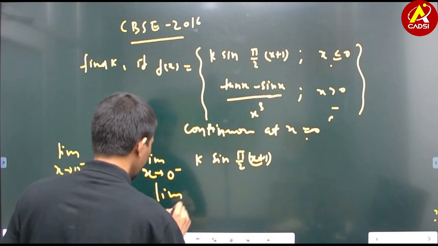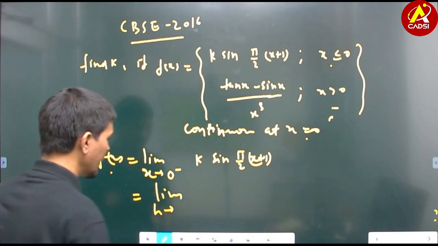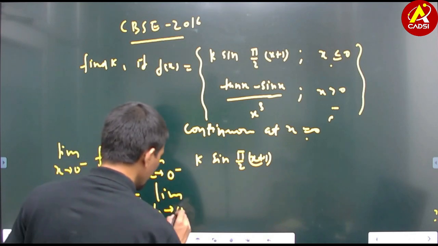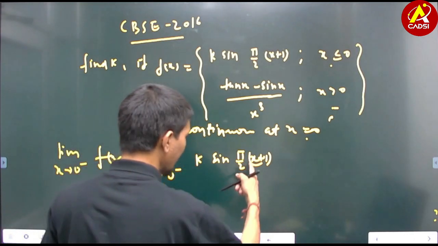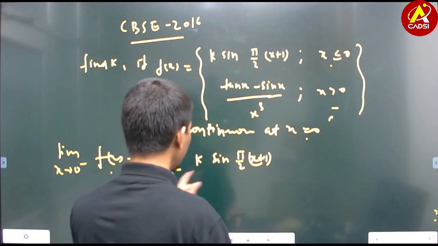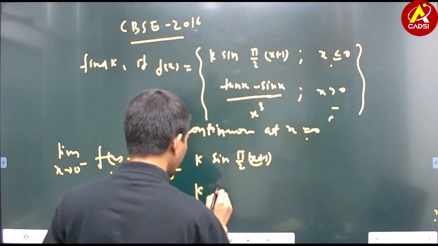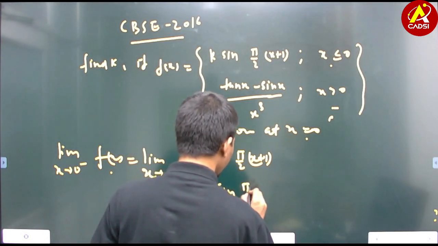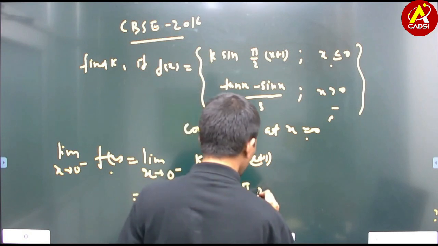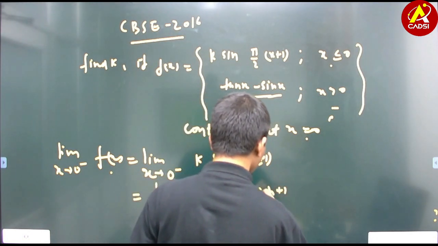So limit h tending to 0, and 0 minus means x can be replaced by 0 minus h, so k sin of pi upon 2 into 0 minus h plus 1.